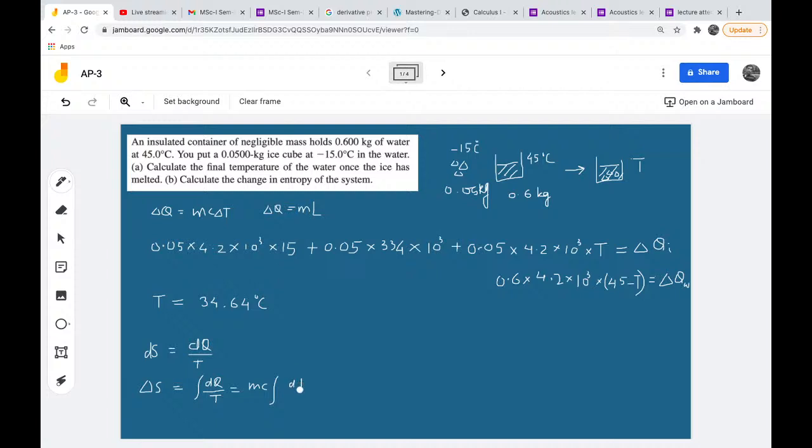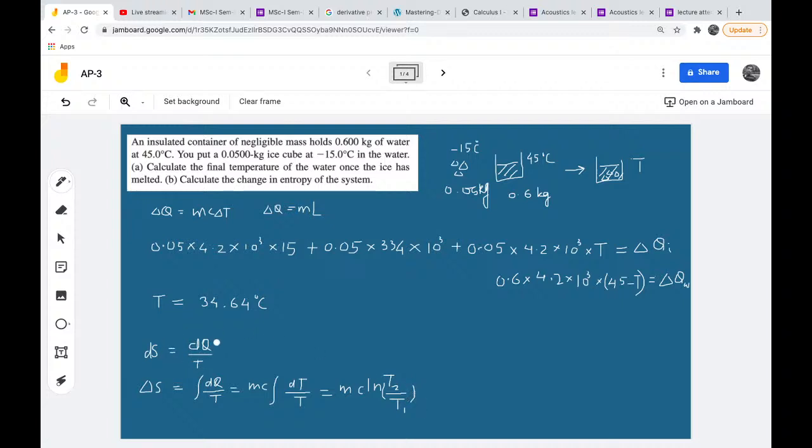So dT by T will give you m c ln, and remember the limits were T1 to T2, so this will become T2 divided by T1. That is how you will calculate your entropy when there is a temperature change in the phenomenon.